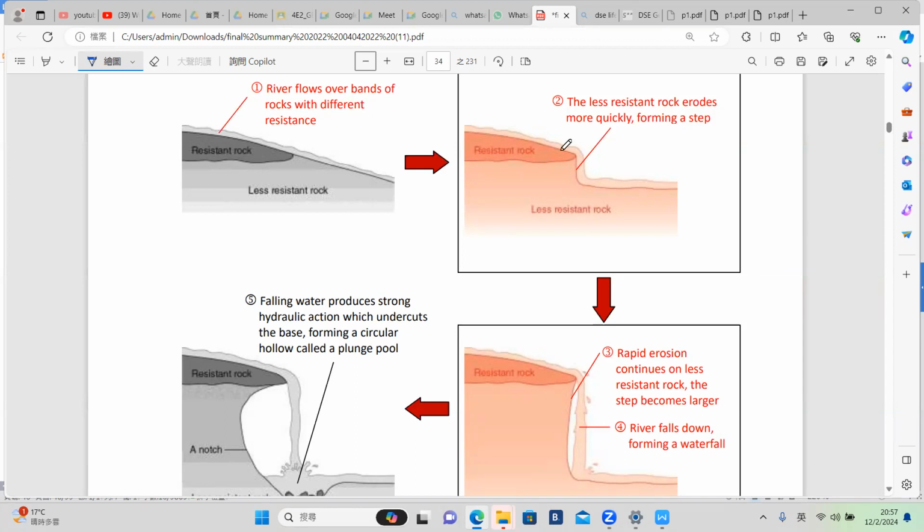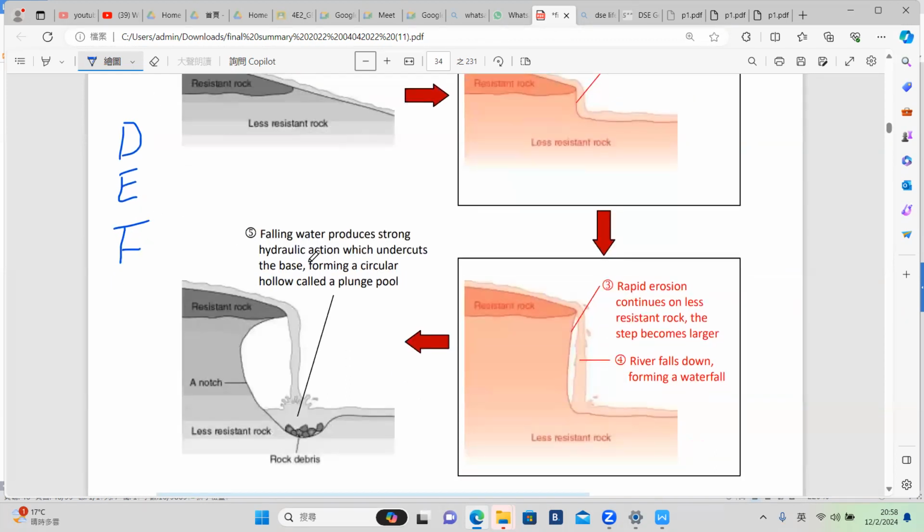For the river, bear in mind D, E and F, just like the CP1 five steps. For D, E and F, first you describe what the landform is: this is D, the circular halos of the plunge pool.